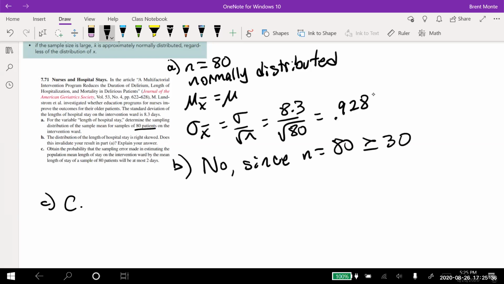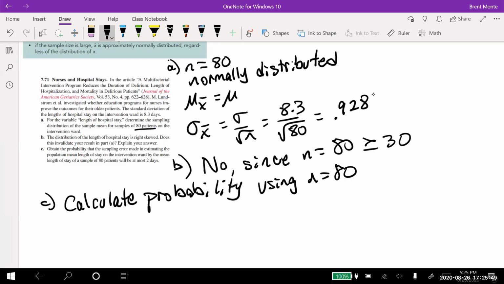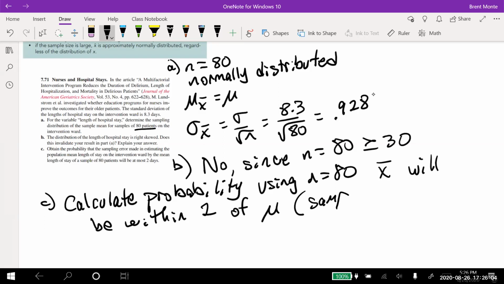So what they're saying is calculate the probability that when I use n equals 80, x bar, my sample mean, will be within 2 of mu, my population mean. So in other words, the sampling error is less than or equal to 2. That's what they're saying.